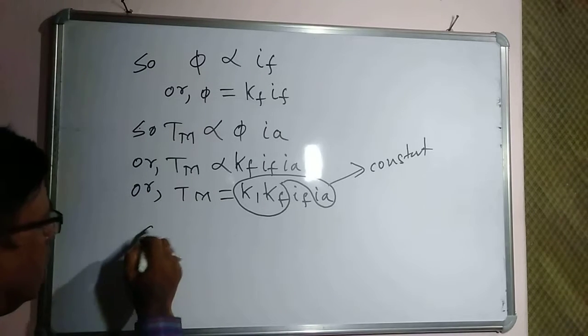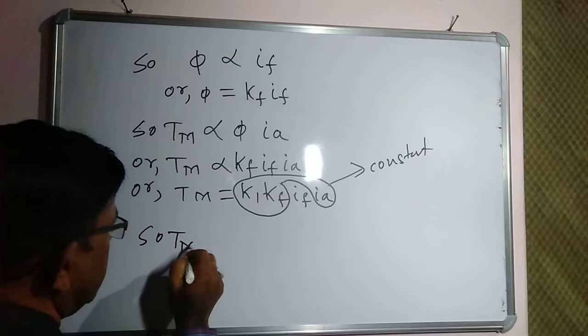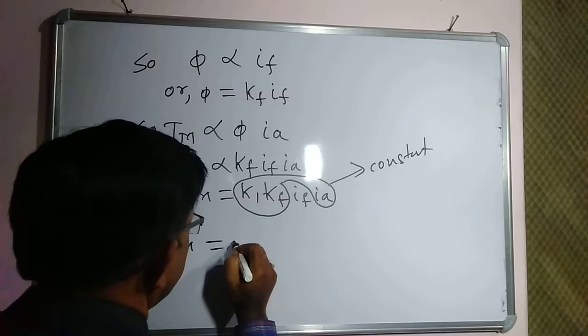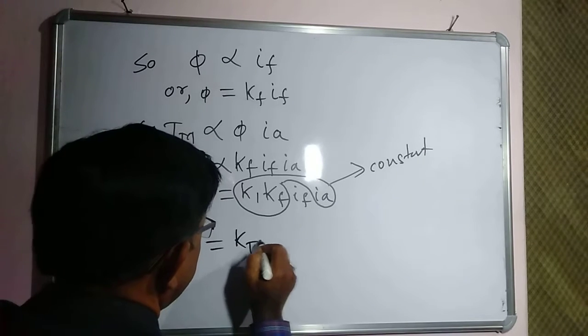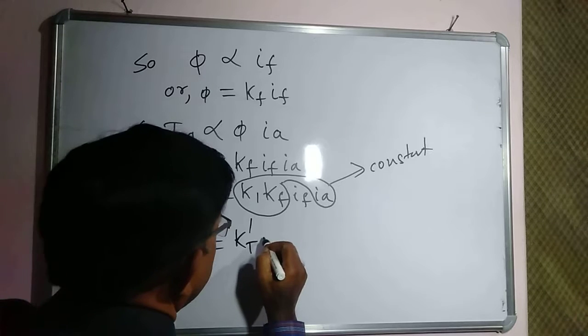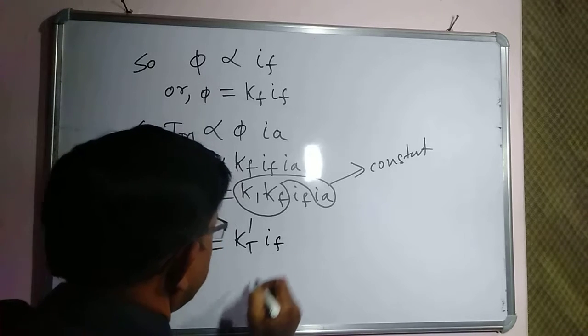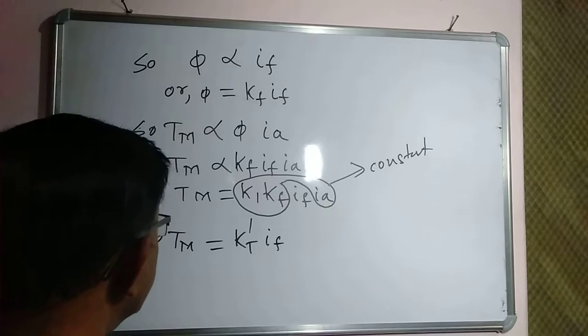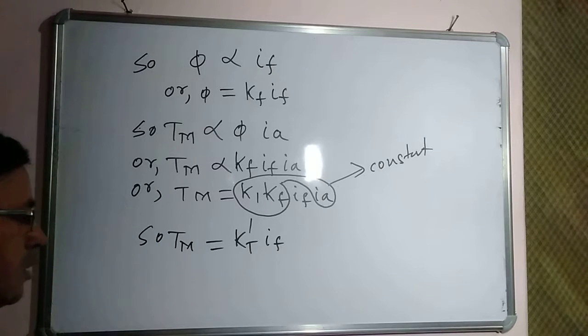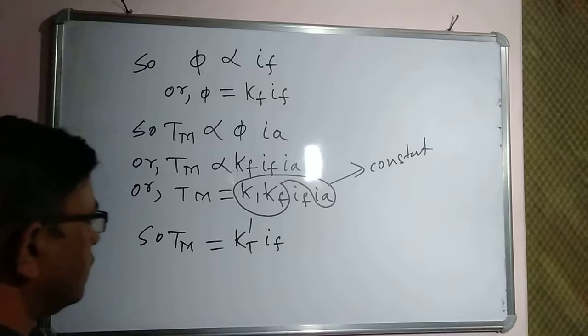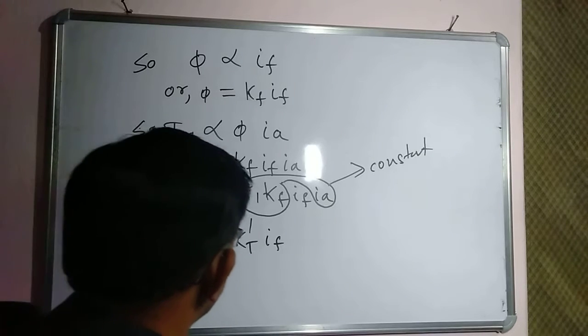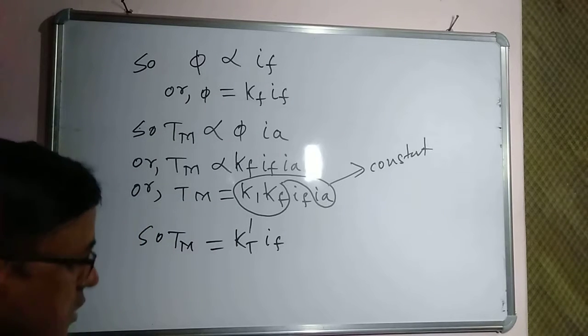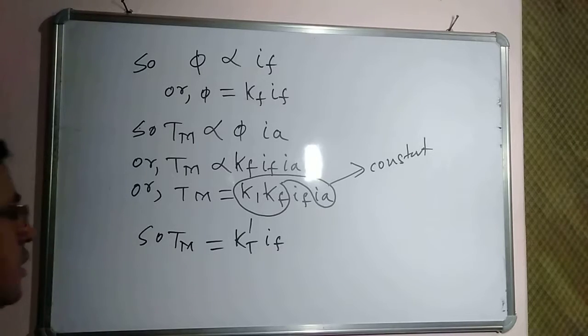So torque Tm is equal to Kt dash into If. In case of armature control method, we have taken the motor constant as Kt, therefore here in field control method I have taken this as Kt dash.